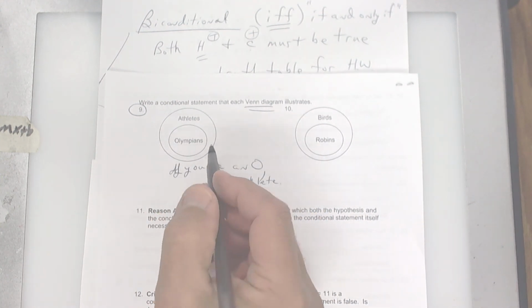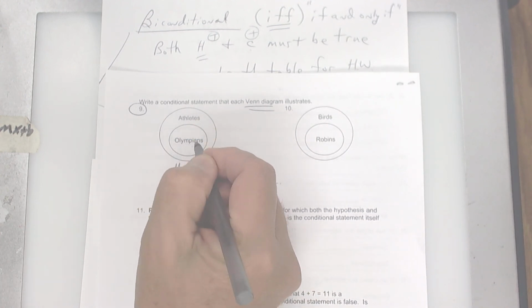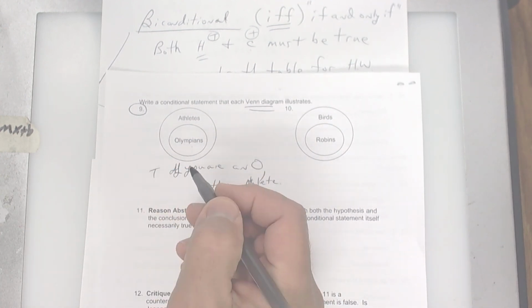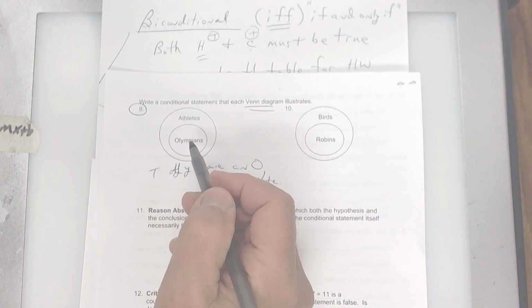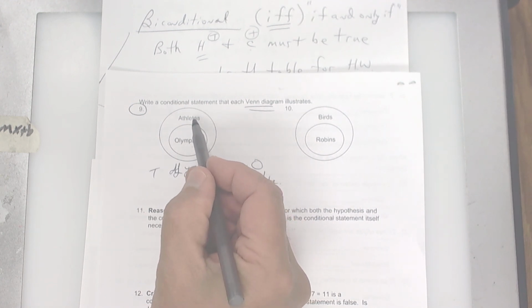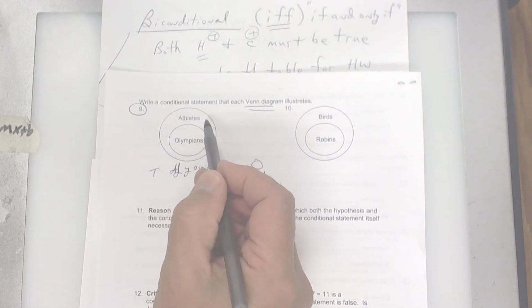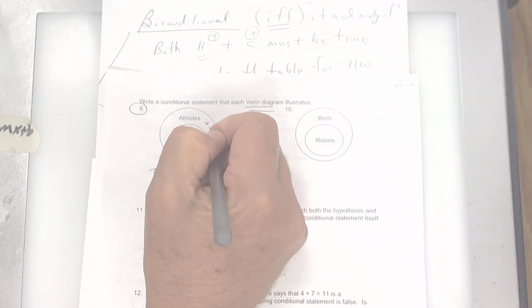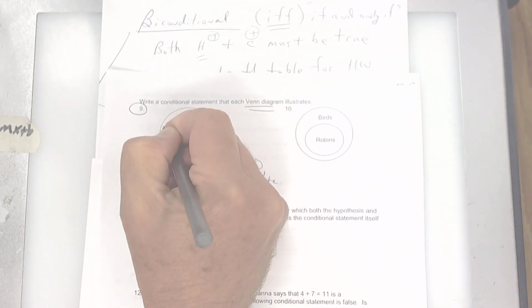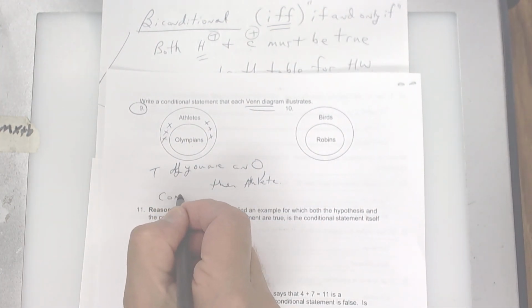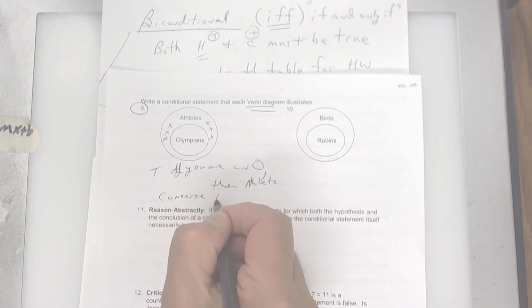So it's true this way. All of this is inside of that, so that's true always. But the other way, if you say, if you are an athlete, then you are an Olympian. Well, there are some athletes out here that are not inside the Olympian box. So the converse is not true. So the converse is false.